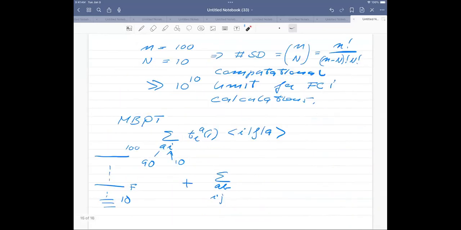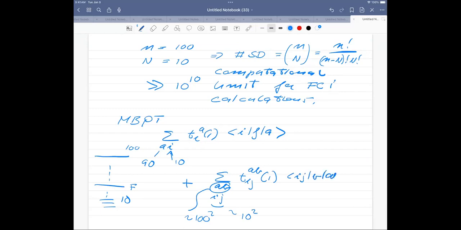So if we now look at, so if we just bring up this one, this is something we can calculate, because this sum here would simply be something which is proportional to 100 squared, and this sum here is 10 squared. So we would have this AB, and then to first order, and then we have IJ, V, AB, anti-symmetrized. Now, the thing is that when we run the calculations, we will not perform a quadruple sum.